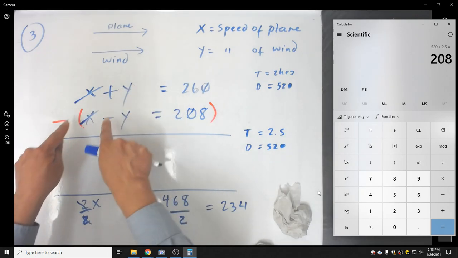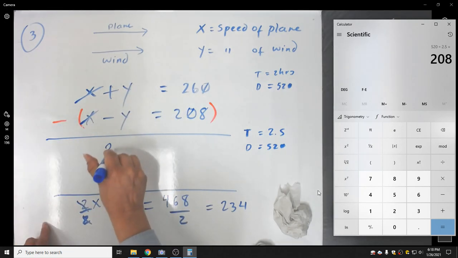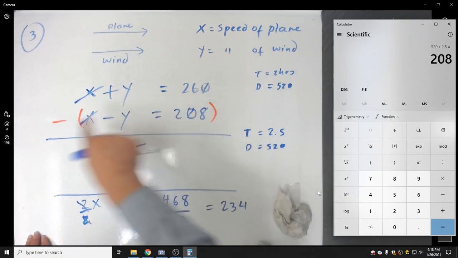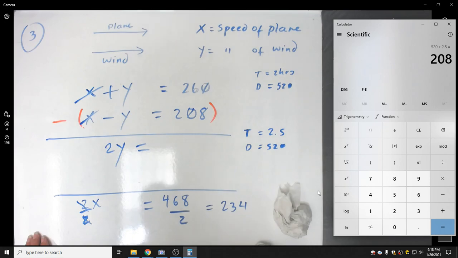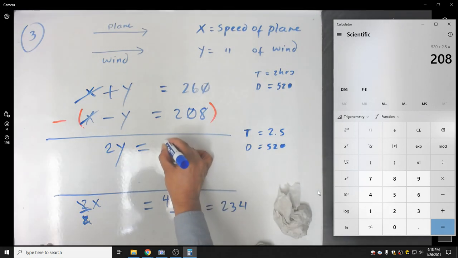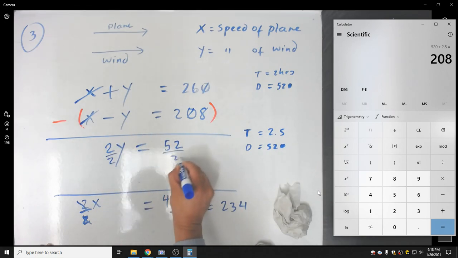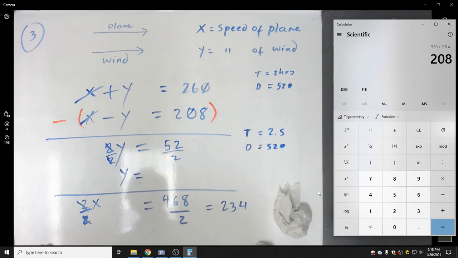Then we have y plus y, which is 2y, equals 260 minus 208, which happens to be 52. Now to solve for y, divide both sides by 2. So we end up with y equals 52 over 2, or simply 26. So now we know that the speed of the wind is 26 miles per hour.